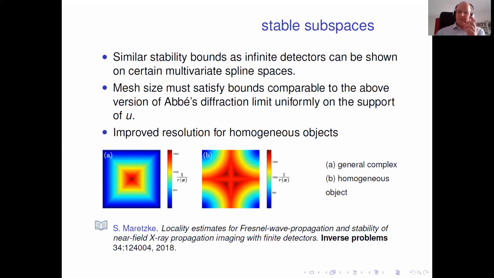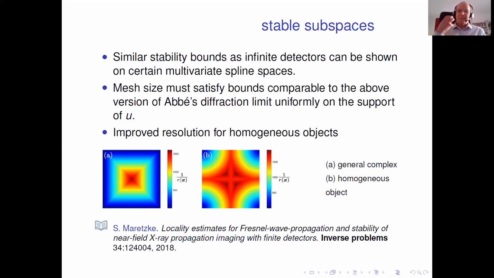But it tells you that if you're happy to just reconstruct the exit wave in this finite dimensional spline space, then you get good stability. If you ask for super resolution, in principle you get it. You can get arbitrarily high resolution, but as soon as you're asking for higher spatial frequencies, then you get very bad stability, and in practice it doesn't work.